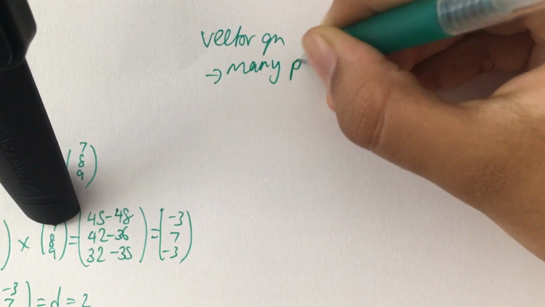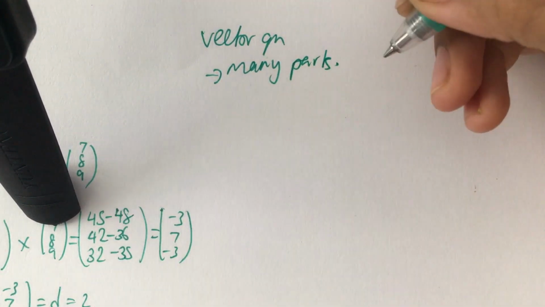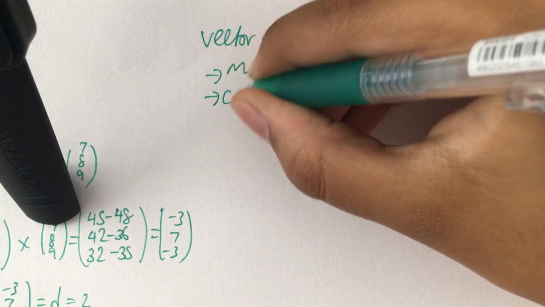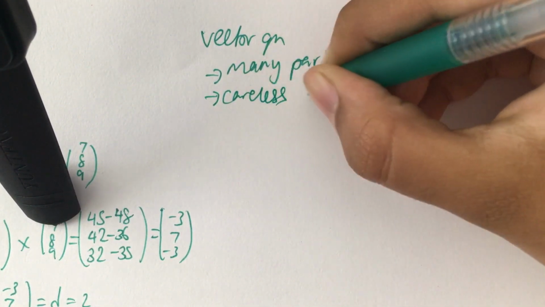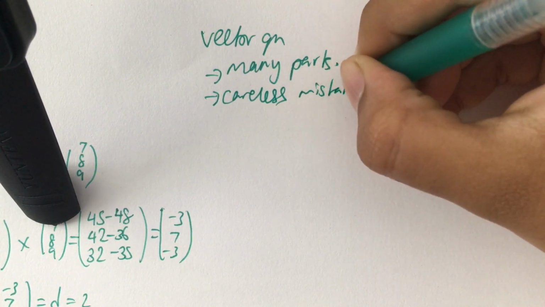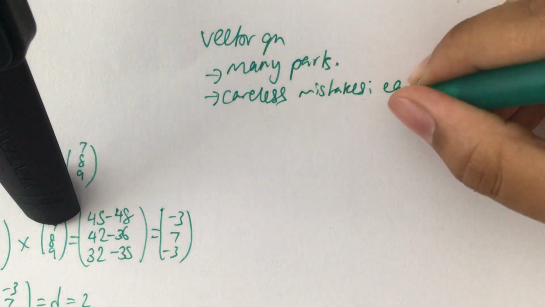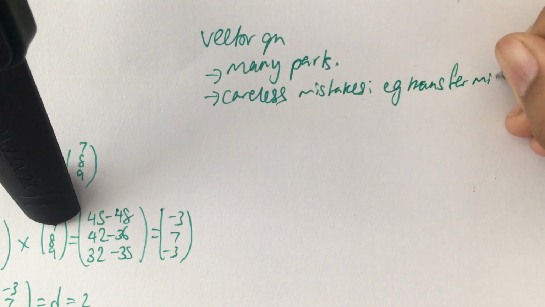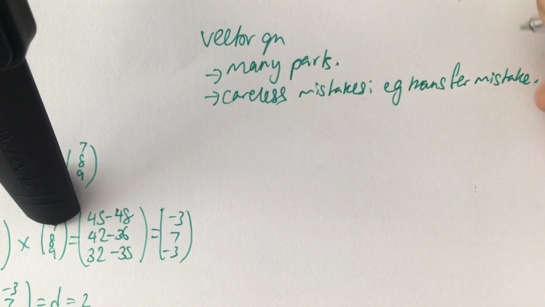Some careless mistakes people tend to make are usually transfer mistakes. For example, they write one bunch of numbers here, then write a different bunch of numbers the next time they write the same vector. That will lead to a mistake, or they miss out a minus sign or something else that can lead to problems as well.